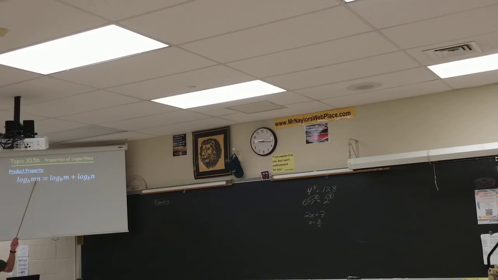This is a product. You're multiplying m and n, and we are able to write it as a sum. Now, believe it or not, that actually comes from a real simple exponent property.